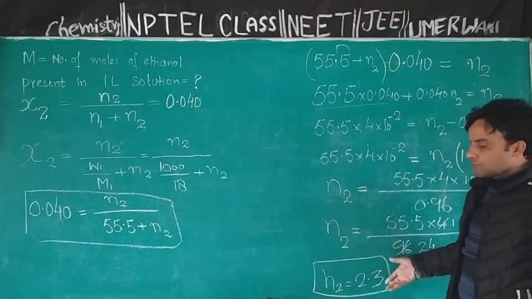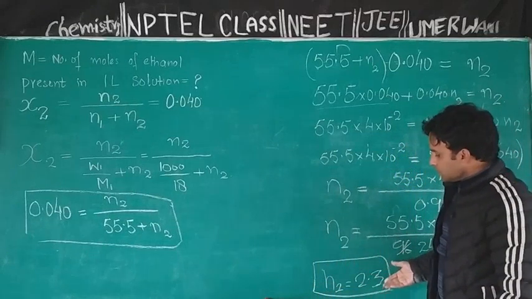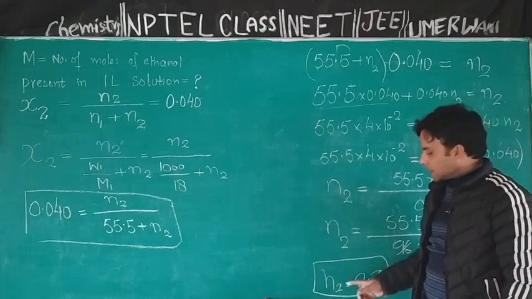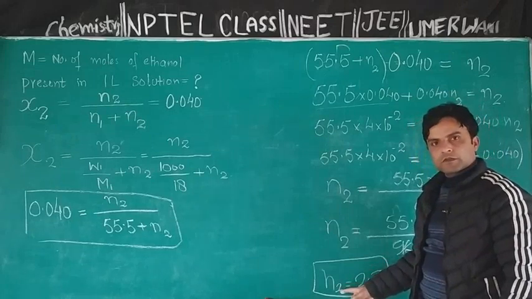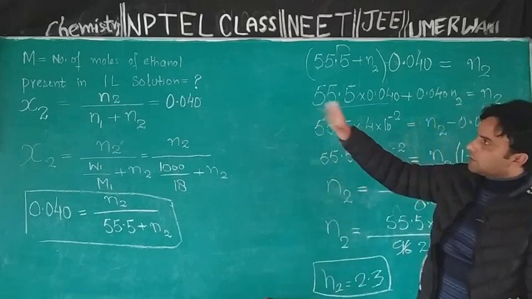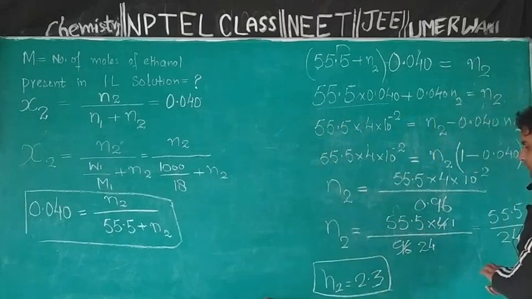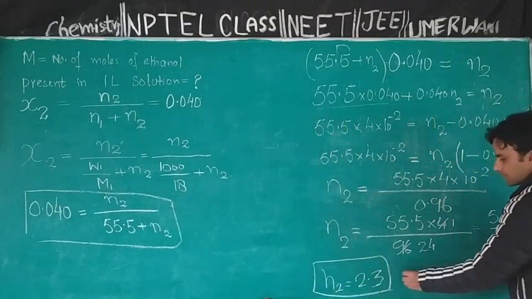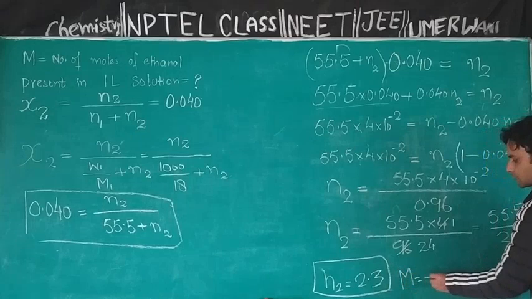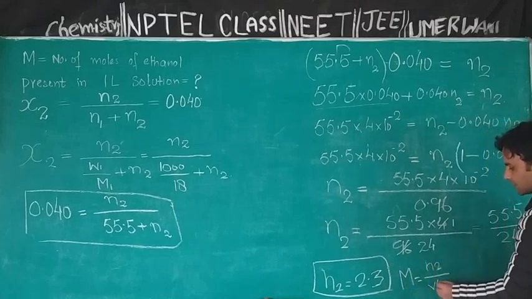Now what is this 2.3 for us? 2.3 is the number of moles of solute ethanol which we represented by 2 present in 1 liter of solution. Therefore for us it is molarity, because molarity is ratio of number of moles of solute and volume of solution in liters.